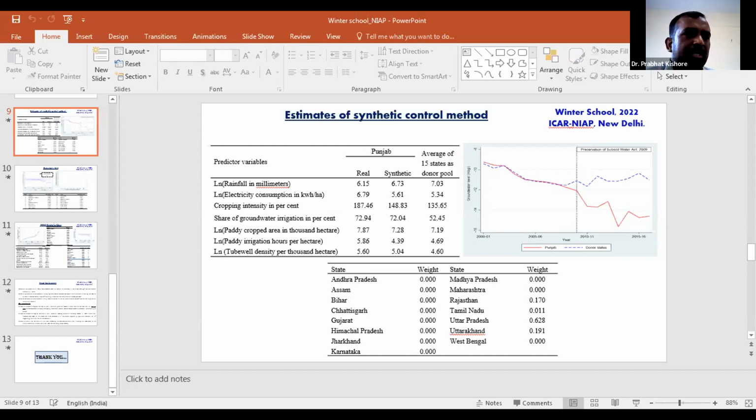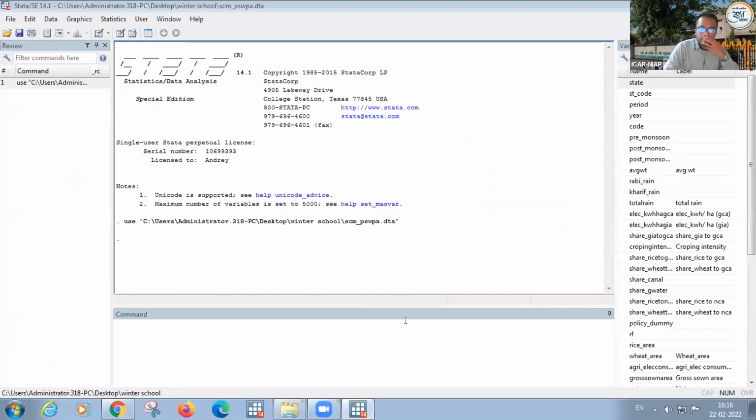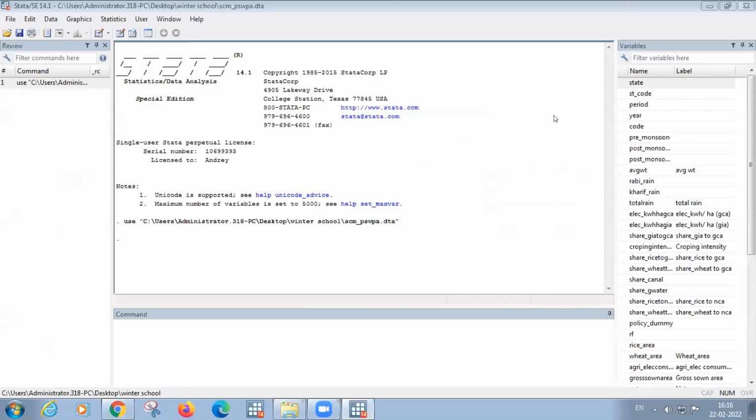Is the PPT screen visible? Yes, sir, your PPT is visible. First you unshare your slide, doctor. Okay, I stop it, then share and start. Sorry. Now it is visible. Yes, sir, the data file is visible.